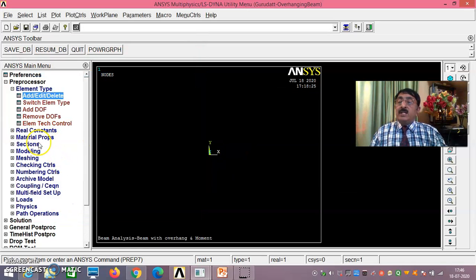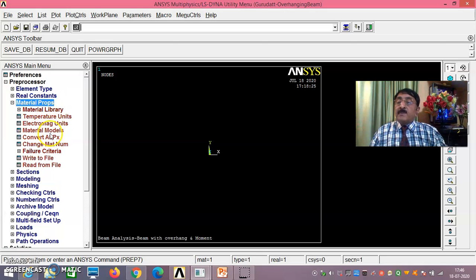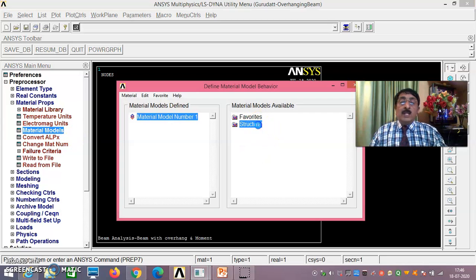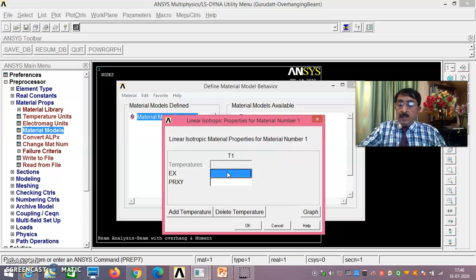Then real constant, it does not ask. We'll do it in the material properties. In the material properties, material models, structural, linear, elastic, isotropic. Here you put 210 E9, and 0.27 is the Poisson's ratio. 2.1 E11, or 0.27 Poisson's ratio.